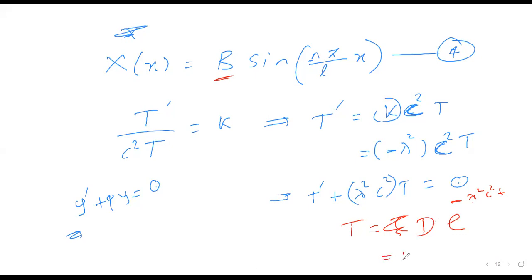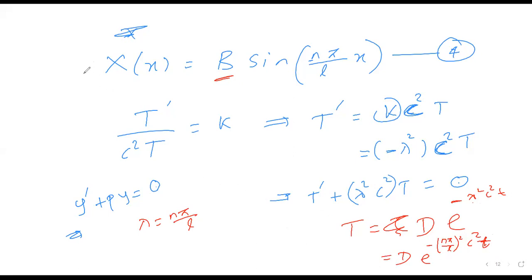I can also write my actual lambda. Lambda I have found like this, n pi over L. So I can just put n pi over L, whole thing squared, c squared t. This is small t.